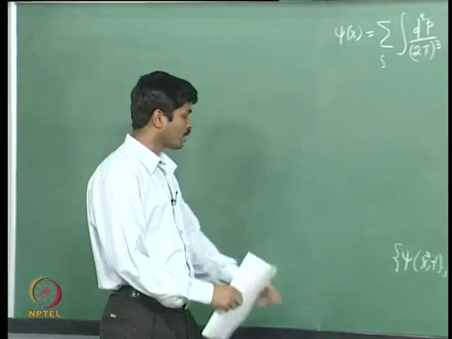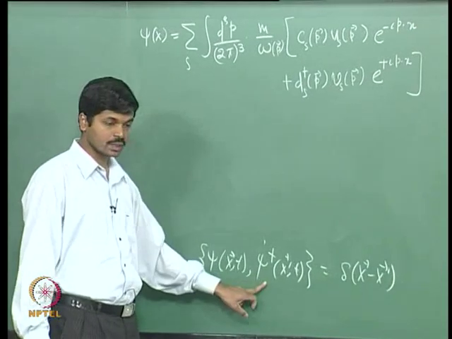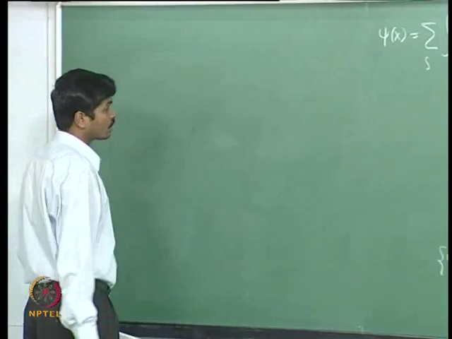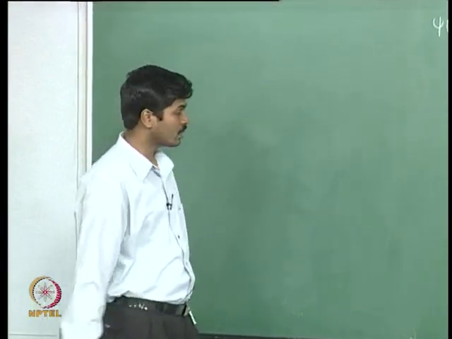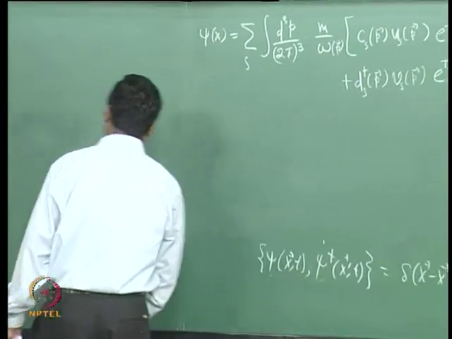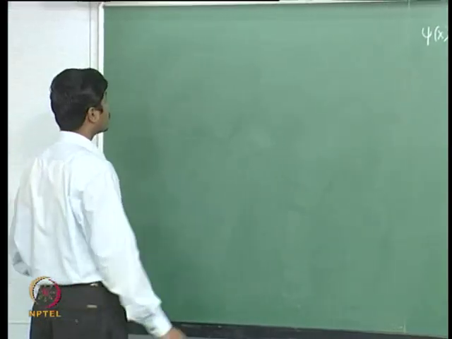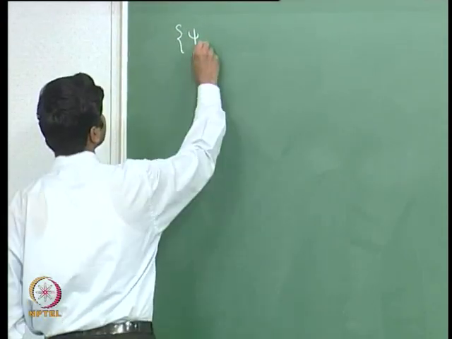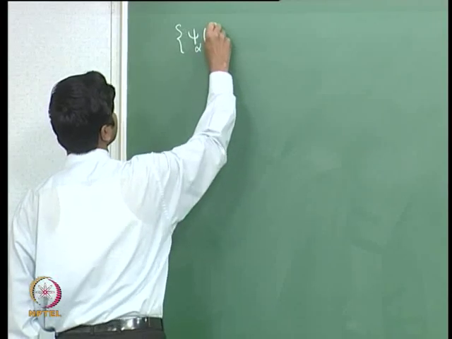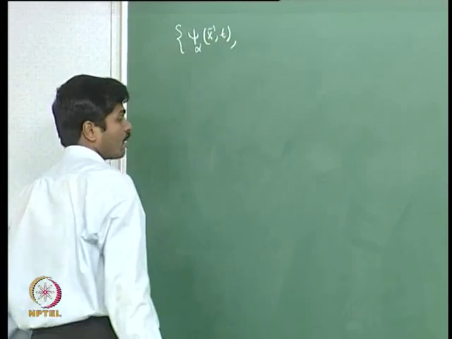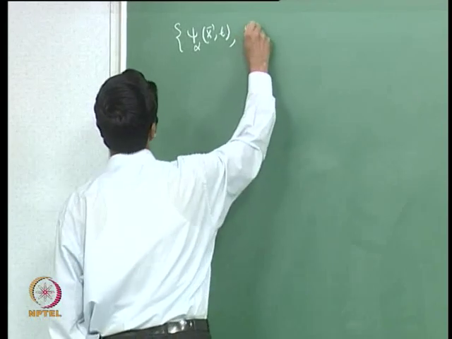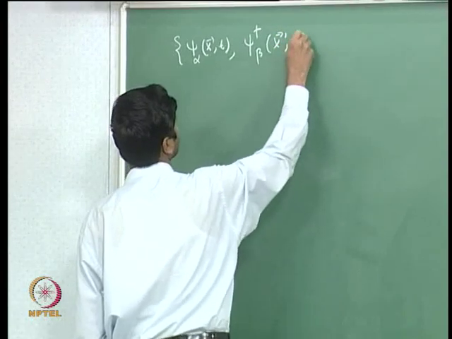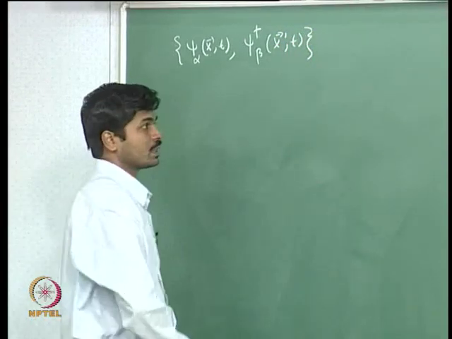I will consider the components of these spinors here. It will be easy for us to do the computation in terms of the components. Both psi and psi dagger are 4-component spinors, and what I would like to consider is psi_alpha of x, t anti-commutating with psi dagger_beta of x prime, t, the equal time anti-commutation relations.